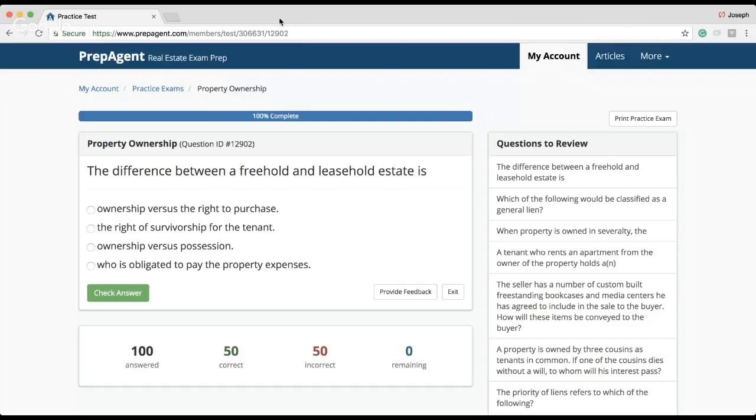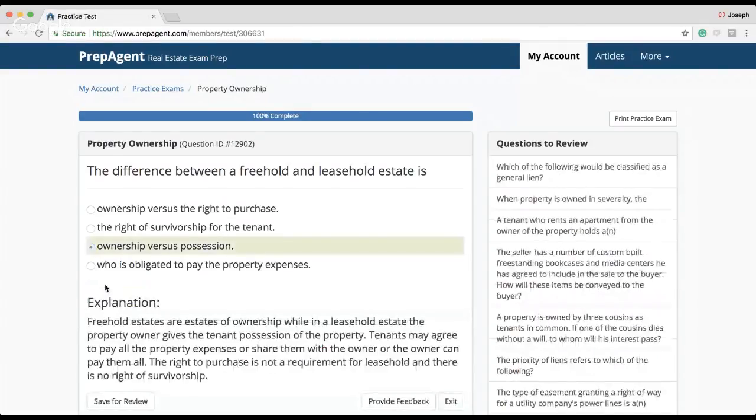What do you guys think? Okay, so the answer here is C. So you have your freehold and less than freehold estates.